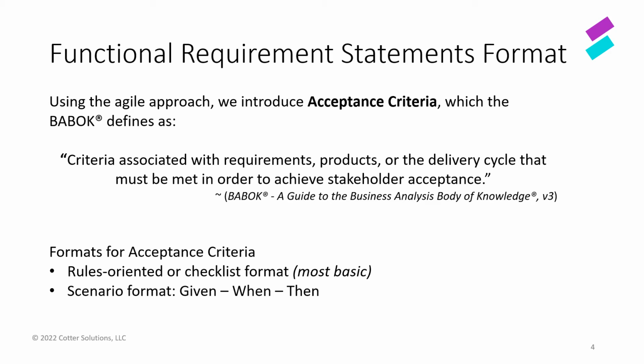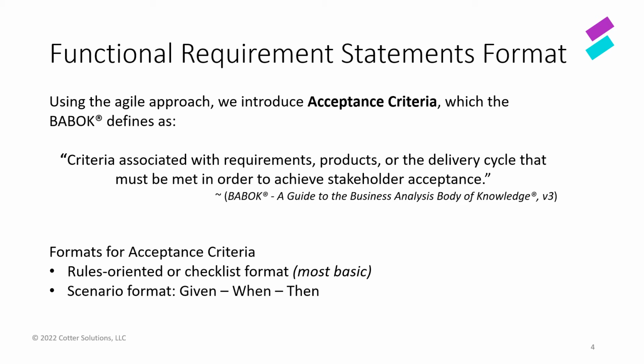If you are following an agile approach, the functional requirements take the acceptance criteria format. Acceptance criteria are those criteria associated with requirements, products, or the delivery cycle that must be met in order to achieve stakeholder acceptance. The most basic format for acceptance criteria is rules-oriented or a checklist format, which is simply a list that describes the behavior of the system.